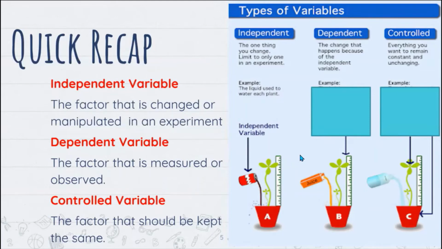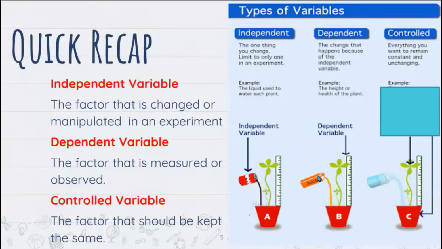Whereas the dependent variable, which is the factor that we will measure, is obviously the plant height, because we need to identify which among the three substances will be effective enough to make the plant grow higher.